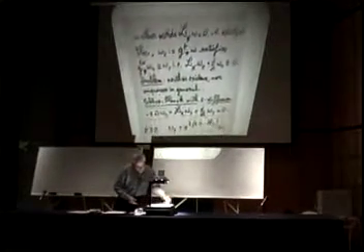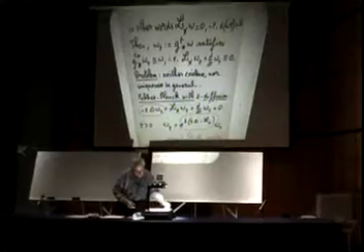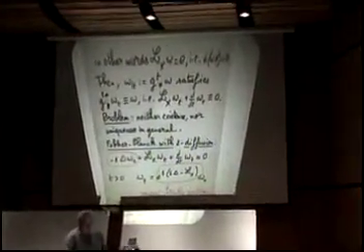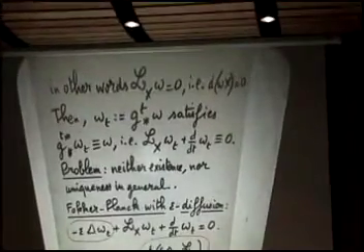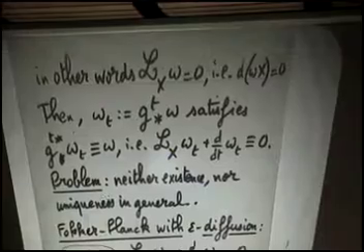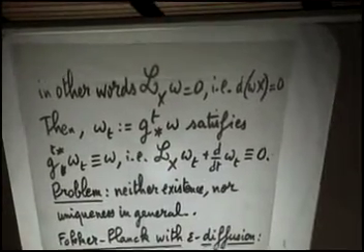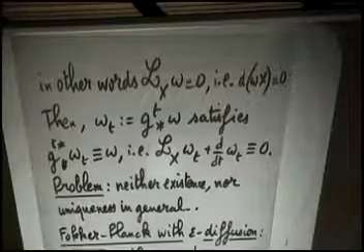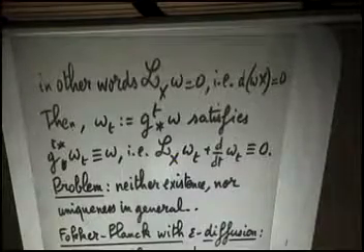So this last condition writes in terms of Lie derivative, of course, the fact that the Lie derivative of omega with respect to X is 0, and as omega is an n-form on an n-manifold, by Cartan's formula, it means that the differential of the interior product of omega by X is 0. Okay.